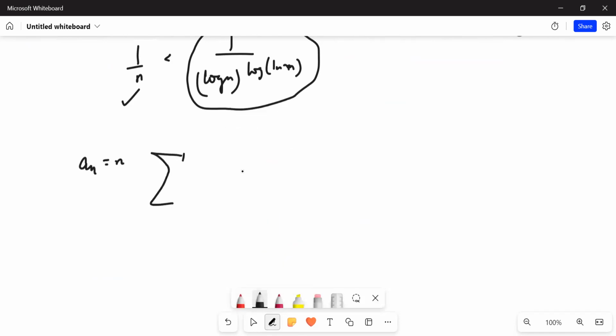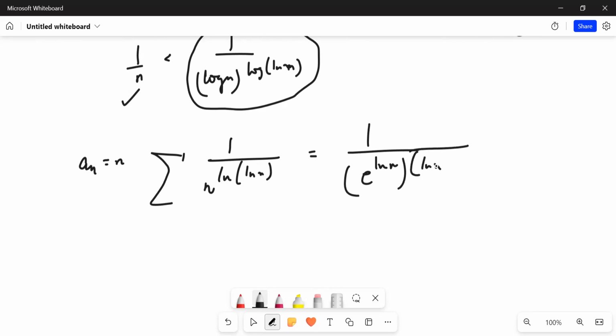Now I know that this is something that I've done for you in a previous class, that n raised to power ln of ln n is simply 1 upon e raised to power ln n, and then again ln of ln n.